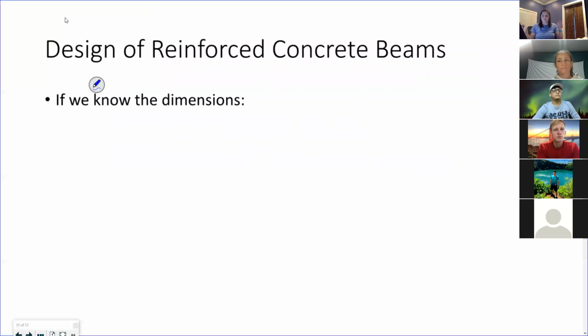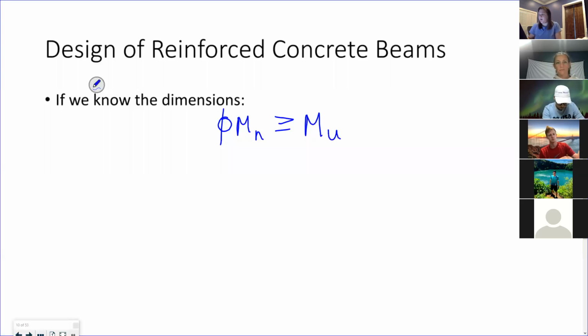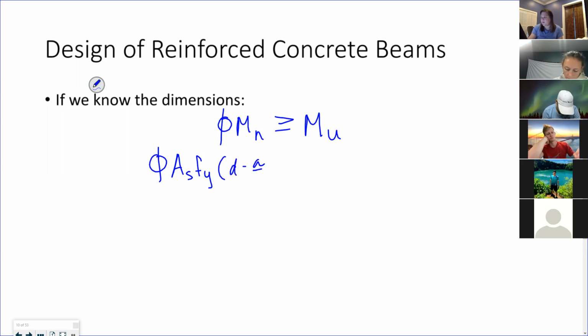Okay, so if we know the dimensions, we know that our strength has to be greater than or equal to how much we need from our factored moment. And our equation for our strength, not incorporating any compression steel, is As times fy times (d minus a over 2).